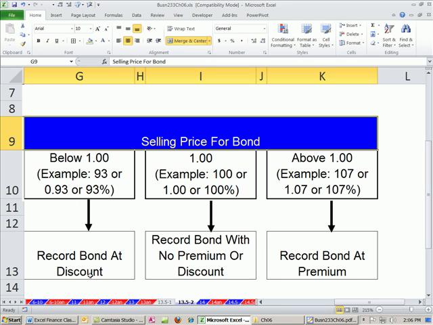So that is a discount. If it's exactly at 1, no premium or discount. If it's above 1, 107, again, you could see it all different ways: 107, 1.07, or 107%. You immediately know 1.07 times 1,000 bucks means the price is going to be greater than the face value, so you have to record at a premium.